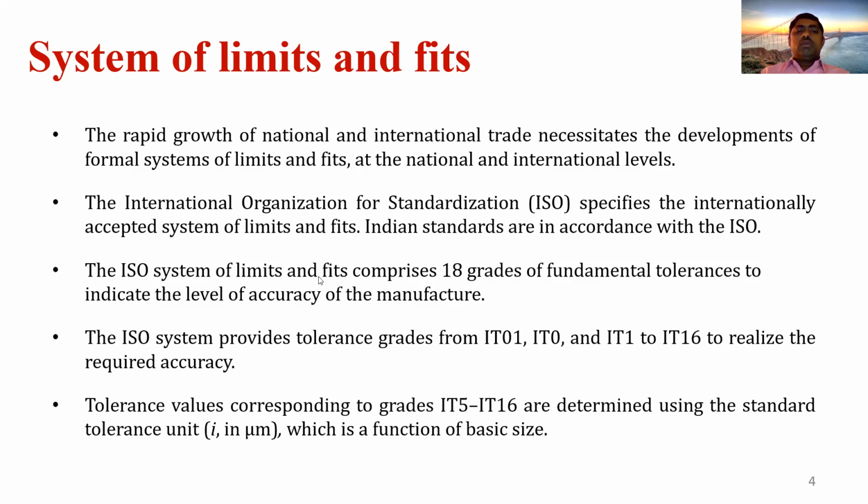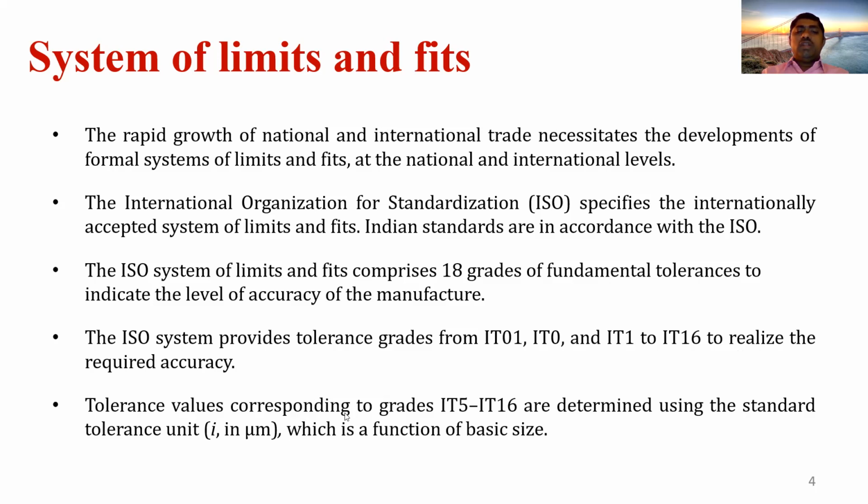The ISO system of limits and fits comprises 18 grades of fundamental tolerances to indicate the level of accuracy of manufacture. The ISO system provides tolerance grades from IT01, IT0 and IT1 to IT16 to realize the required accuracy.